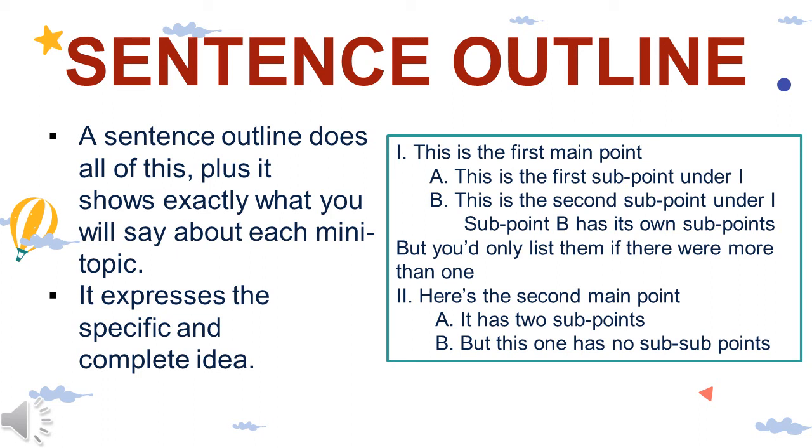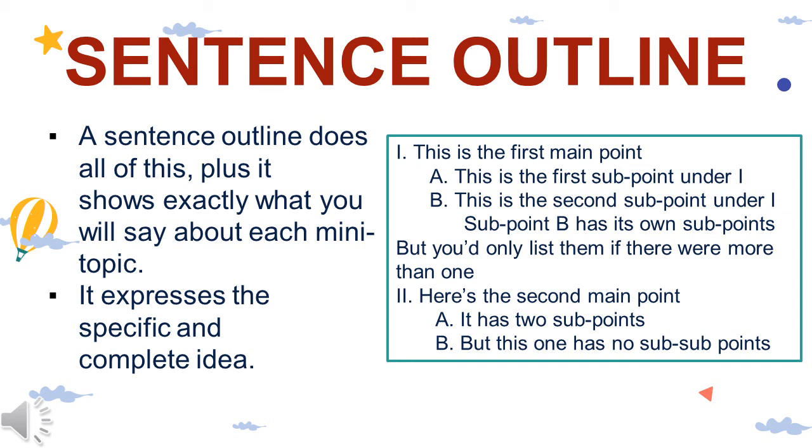That's why it requires you to indicate a specific and complete idea. Since we're talking about a specific and complete idea, you need to list down the following details in complete sentences. That is why it is called a sentence outline, because you need to write the complete idea using complete sentences.